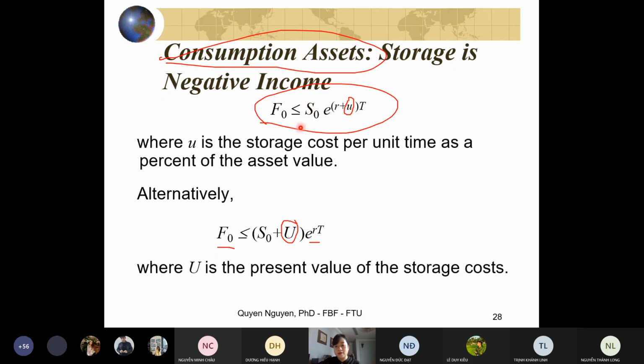In this case, we have a smaller sign added together with the equal sign, which means that if F0 is less than or equal to S0 multiplied by e to the power of (r plus u), all of them multiplied by T, then there is no arbitrage opportunity.